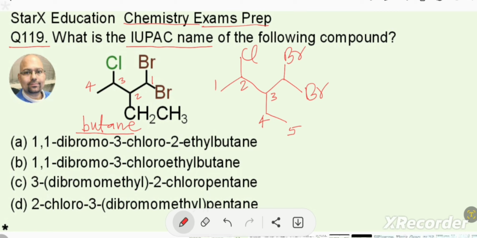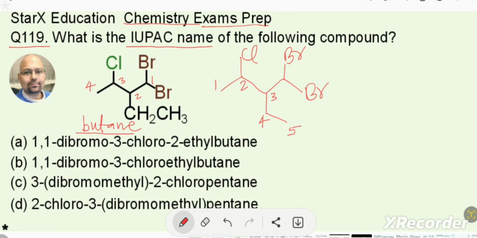and that is preferred in IUPAC names of simple hydrocarbons or alkyl halides. It's always the longest carbon chain that we need to take into consideration. If there are functional groups present, then we must go by the chain that has the functional group.